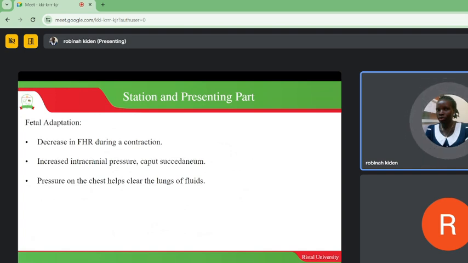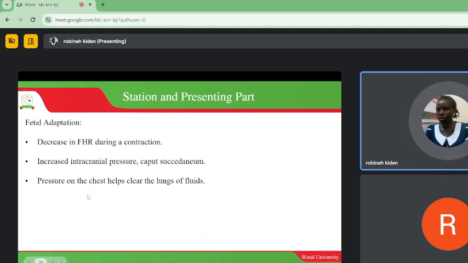When this fluid accumulates under the membranes, it leads to what is called caput succedaneum. But this caput can wear off slowly on its own after the baby is born. It does not need any medication, unless it is severe, then it will be something else.